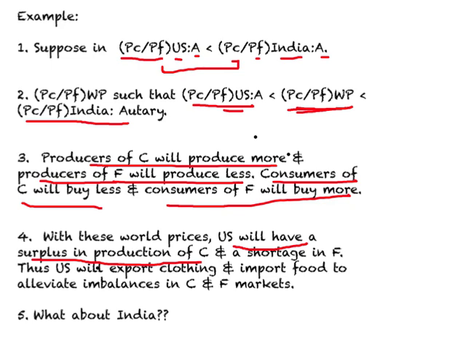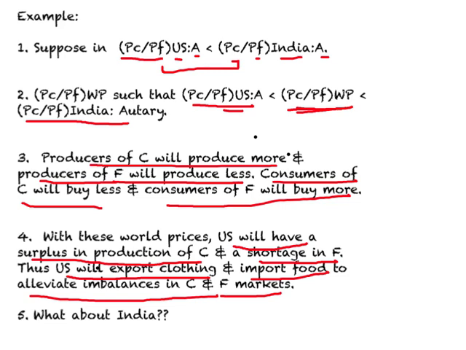Or in other words, in the US itself, we'll have a shortage of food. Now, since the US has a surplus in production of clothing, it will simply export that surplus that is not being bought in the US. And since there is a shortage of food in the US, it will import food to reduce imbalances in clothing and food markets.